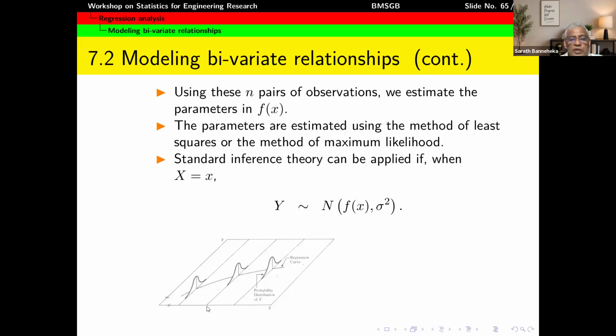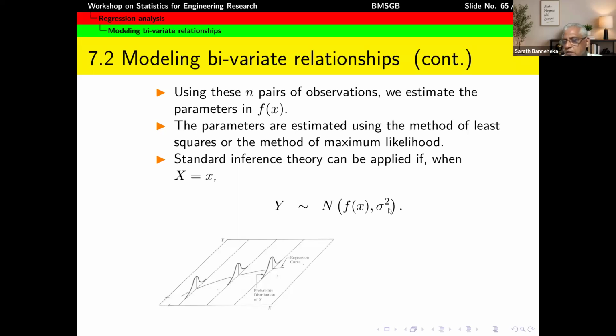For another value of x, again, we assume that the y variable is normally distributed with mean equal to f(x) at that x. So if x is equal to x1, the mean is equal to f(x1). If it is x2, then the mean will be f(x2). So the mean value changes with x.